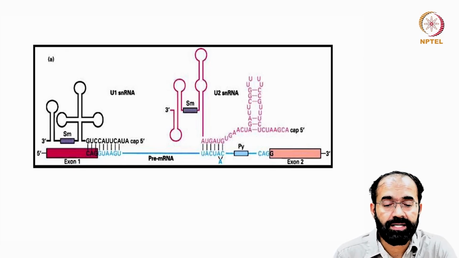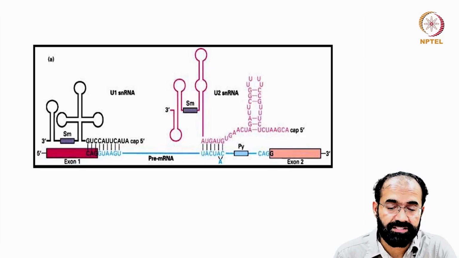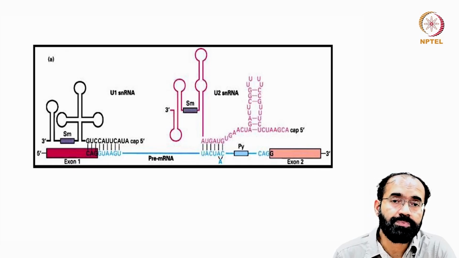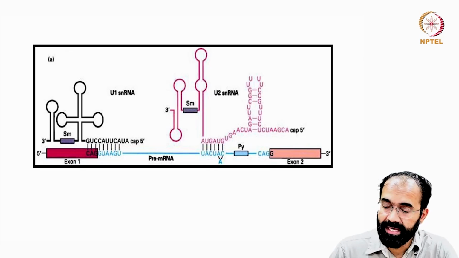Then at downstream you have a few features. What are they? You have an intron exon boundary, and just upstream of that you have a polypyrimidine tract. Much upstream of this polypyrimidine tract, you have a branch point, A site.